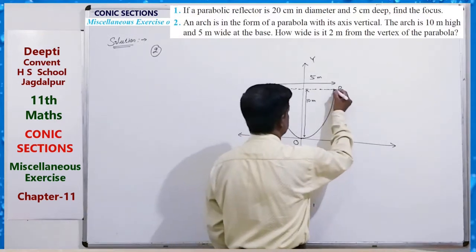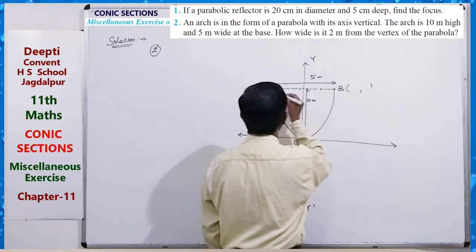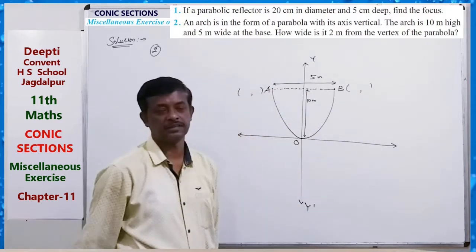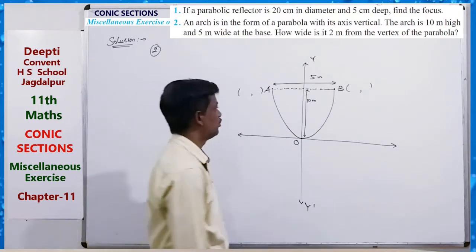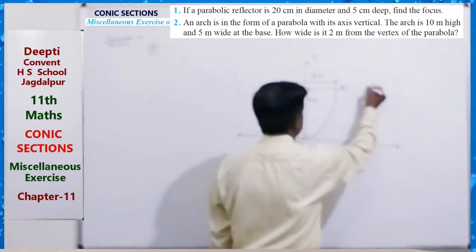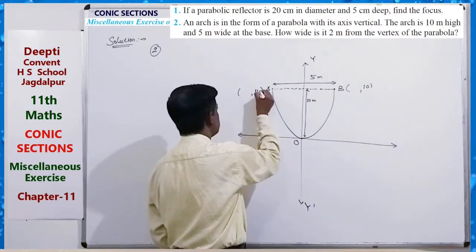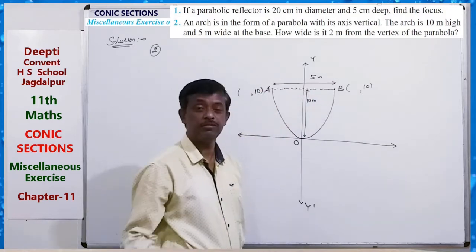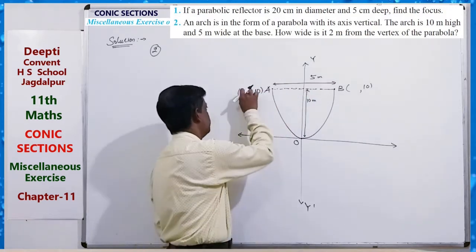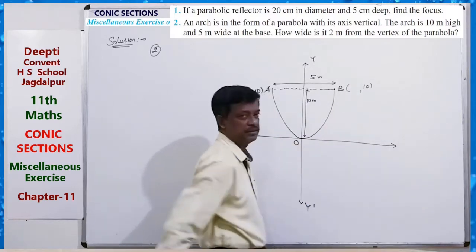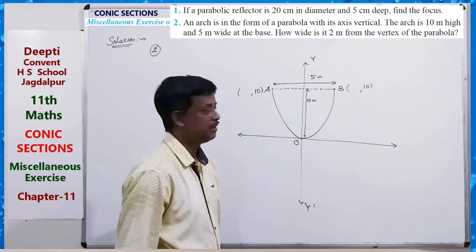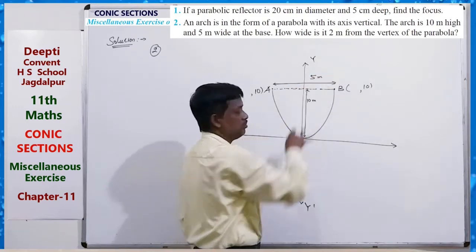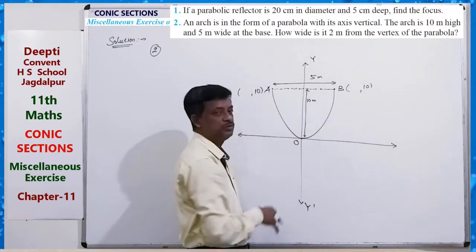So their coordinates will be: y always equals 10, and x, this distance and this distance will be the same, one here and another here, so it is 5 by 2.